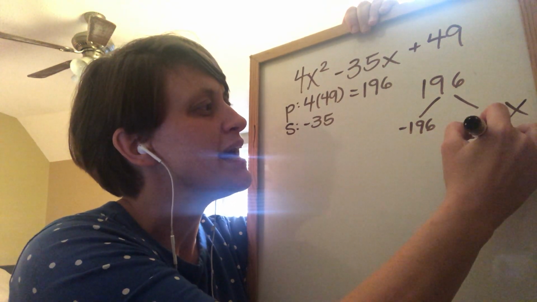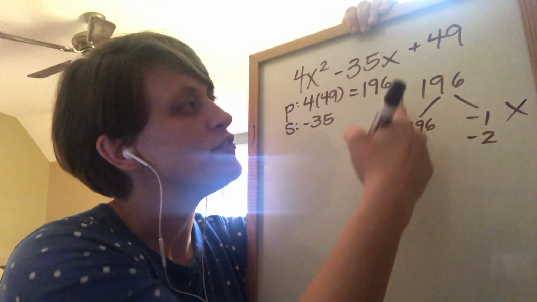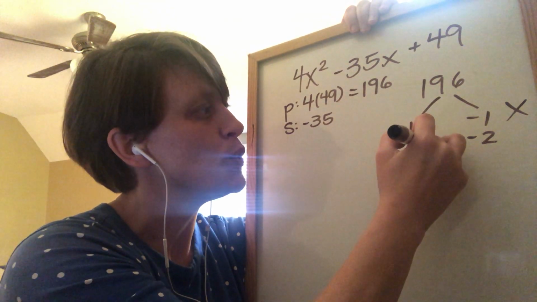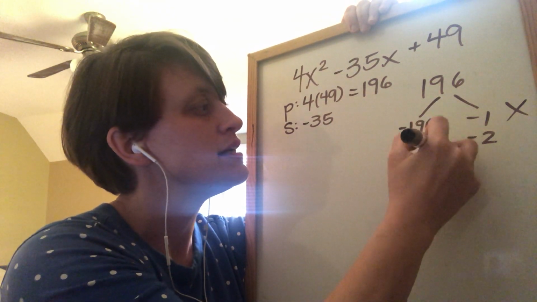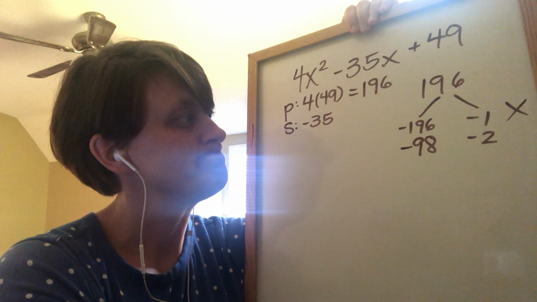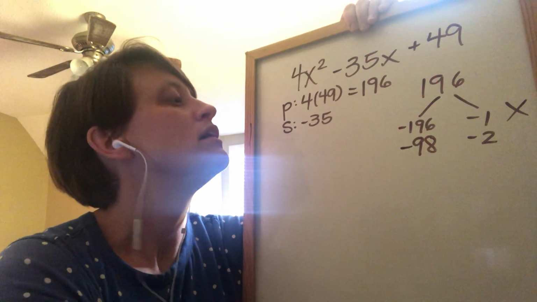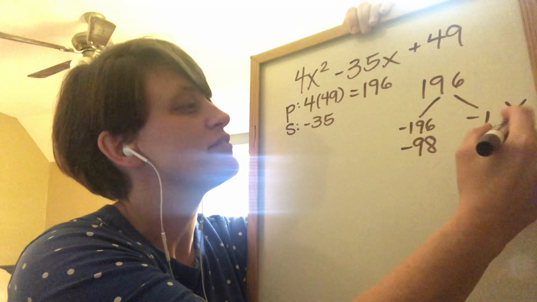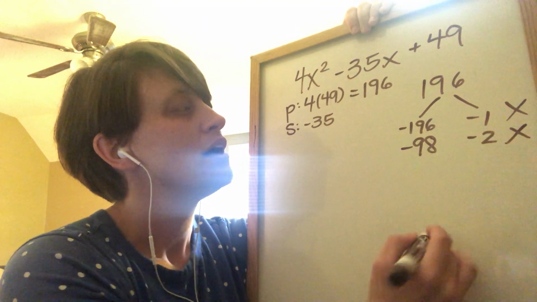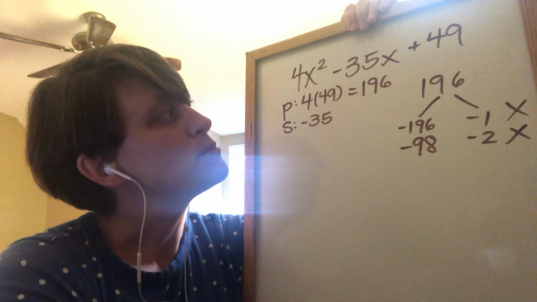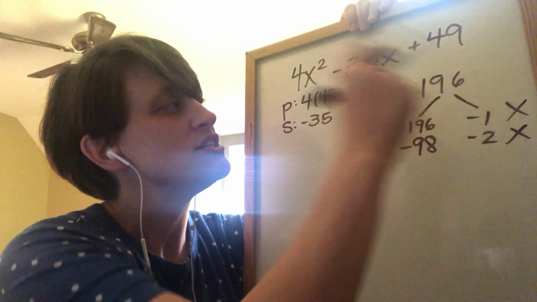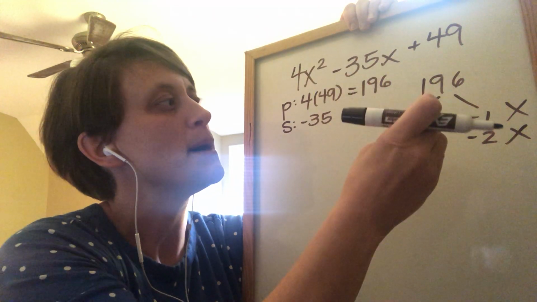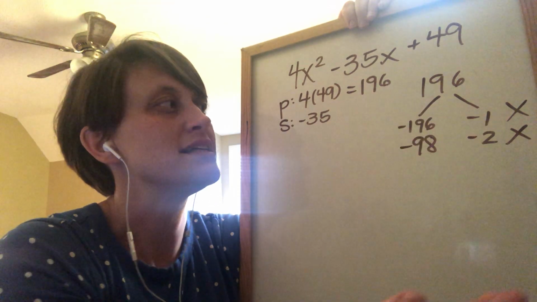Okay, let's try negative 2. And if you divide this by 2, I believe you get 98. Yes. Add these together, there's no way that's getting us negative 35. So no. All right, we can tell if it's divisible by 3 if we add these digits and the digits give us a sum divisible by 3, but if we do that, we get 16.